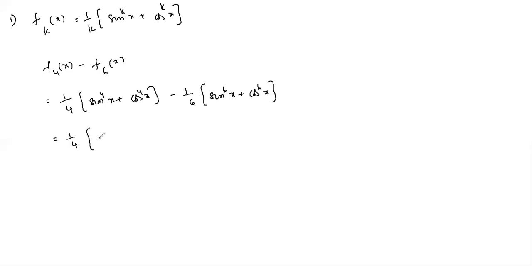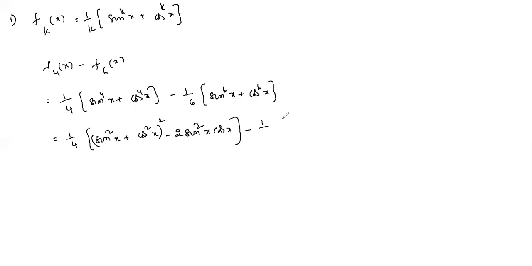Sin power 4 plus cos power 4 you can write as a square plus b square. So sin square x plus cos square x whole square means sin power 4 plus cos power 4 plus 2ab extra. To cancel that, we have to subtract 2 sin square x cos square x.